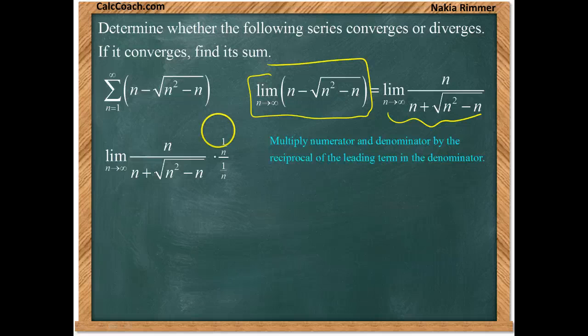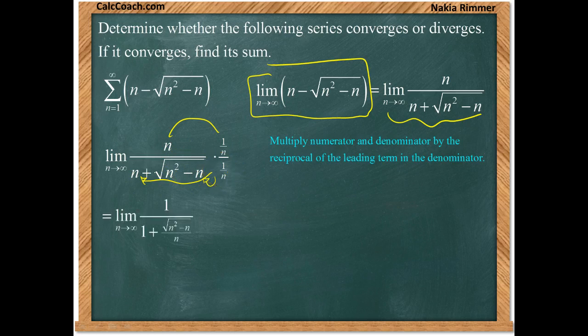When we do that, the n times 1 over n becomes a 1, and it happens again here, but when we do the root times 1 over n, it doesn't really work out too well. We can't get in there and cancel without having a root on that n. So we're going to cleverly rename n to be the root of n squared, so that we can incorporate it with the other root.